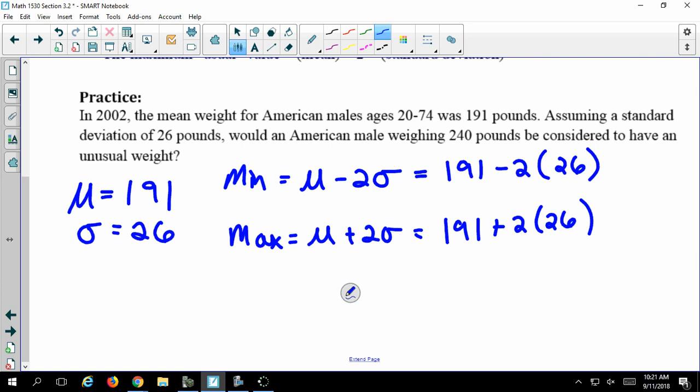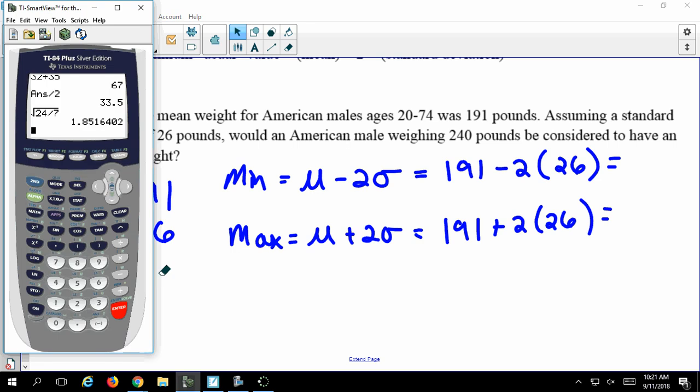So we just need to calculate those two. And look how I typed that in the calculator.